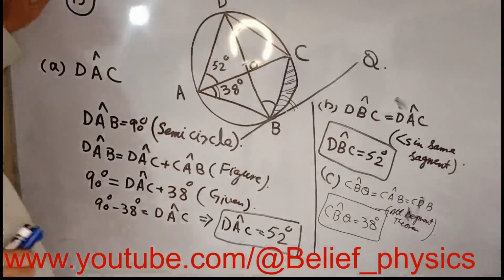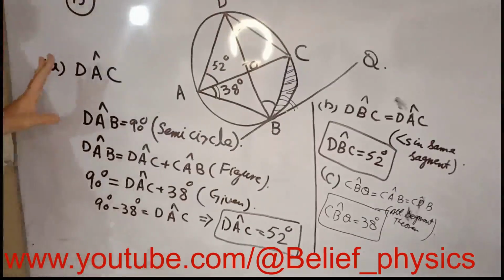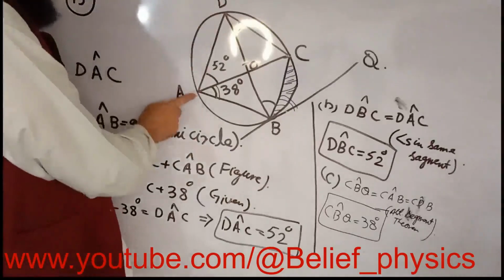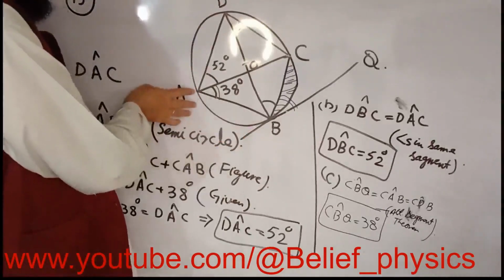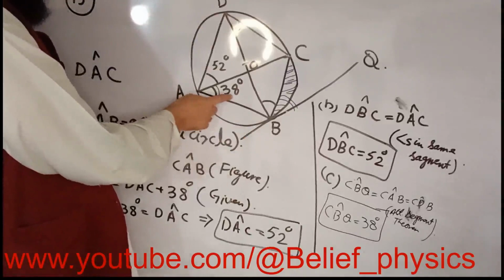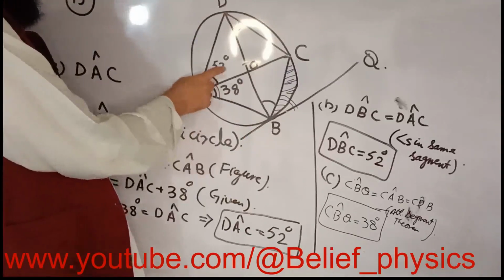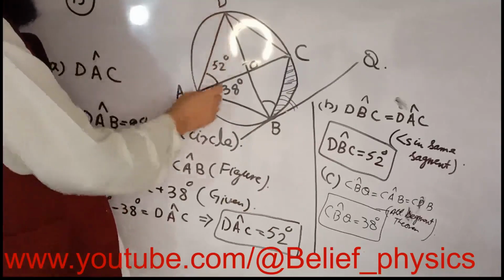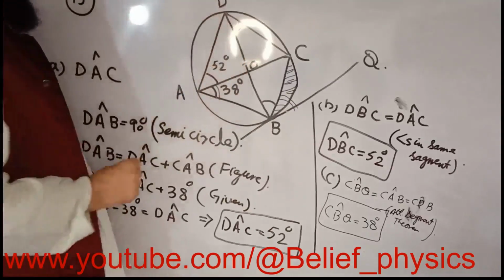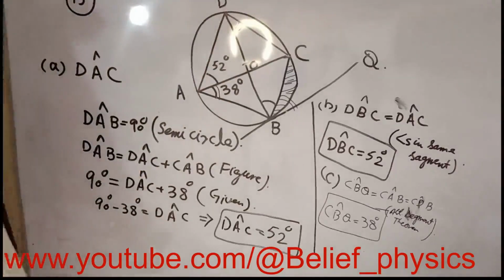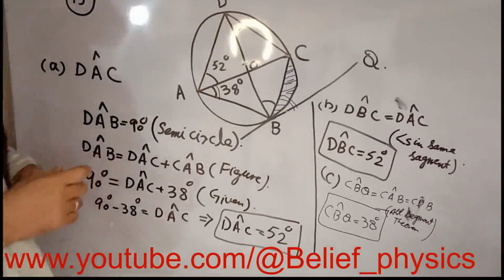So we have used three angle properties. First is the angle inscribed in a semicircle is 90 degrees. This was given 38, so 90 minus 38 comes out 52. Therefore, we got DAB is equal to 52 degrees. Second, we used angles in the same segment. This was DBC.